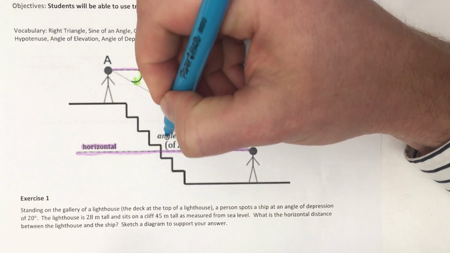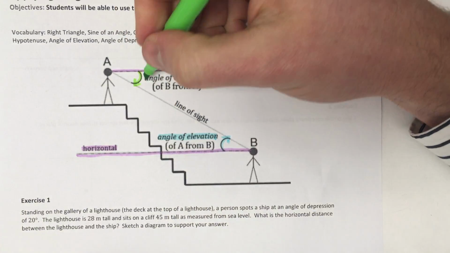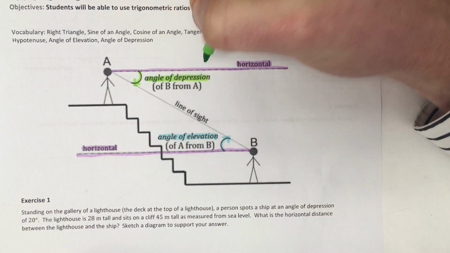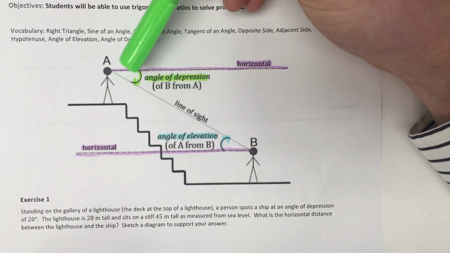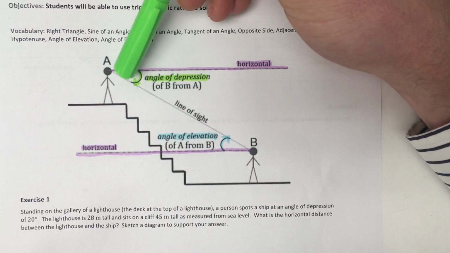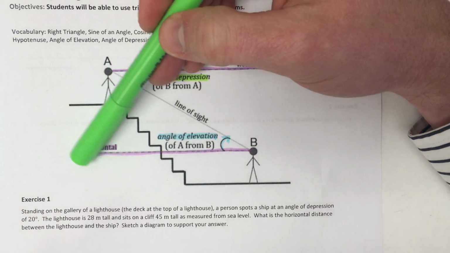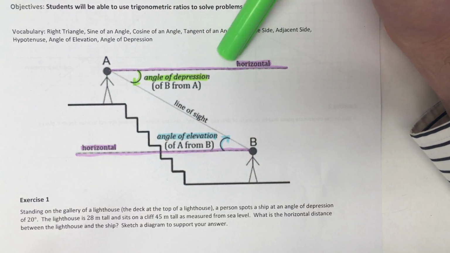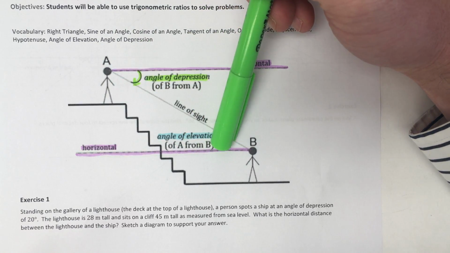Okay? These two vocabulary words oftentimes get confused, especially the angle of depression. A lot of people don't understand exactly how this is put together. So again, I want to make sure we understand that an angle of elevation and an angle of depression is an angle from the horizontal. This is really key. From the horizontal, either down for depression or up for elevation.